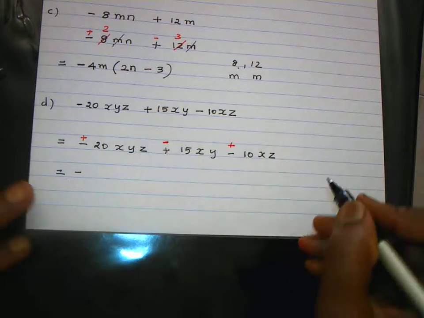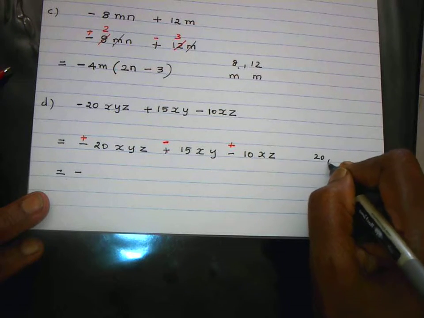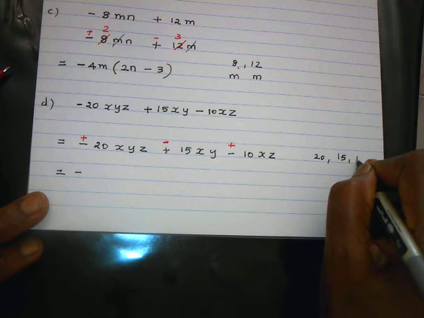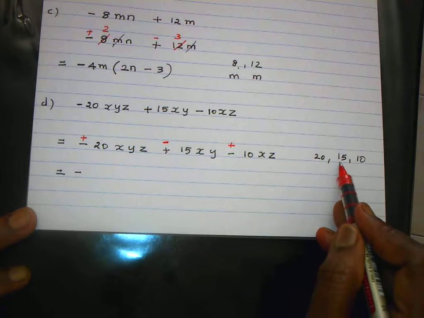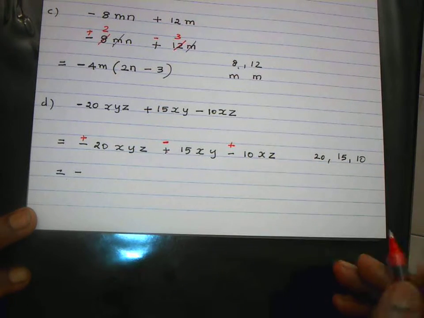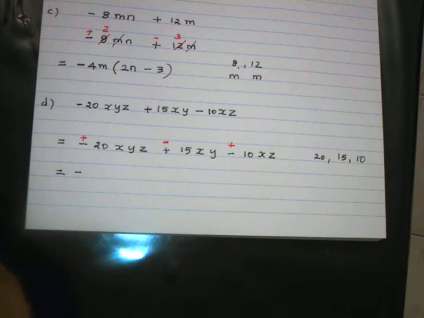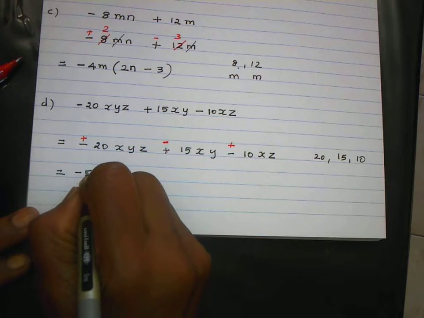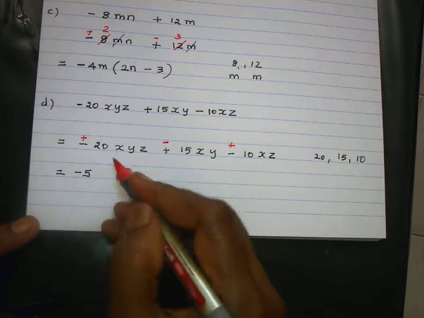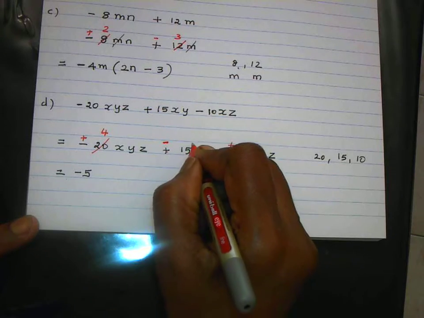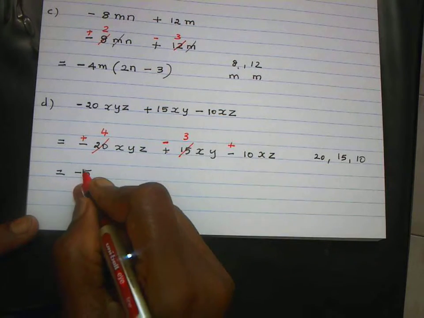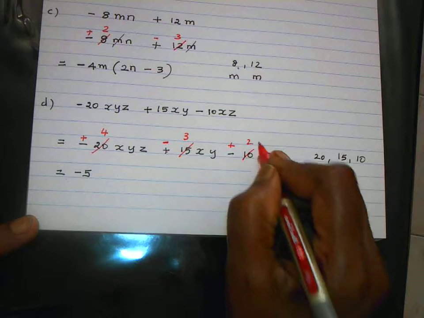Now I have to write the numbers. The numbers are 20, 15 and 10. So what goes into 20, 15 and 10, which is 5 obviously. So I'm going to write 5 here outside. Now as soon as I put 5, I'm going to see how many 5s in 20, which is 4, how many 5s in 15, which is 3, 5s in 10, which is 2.